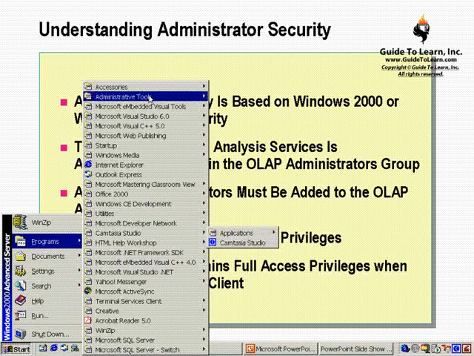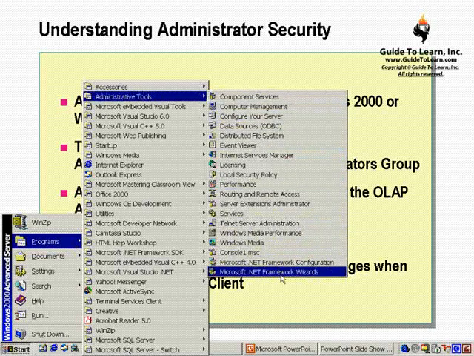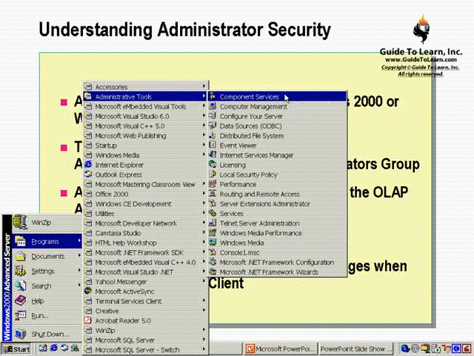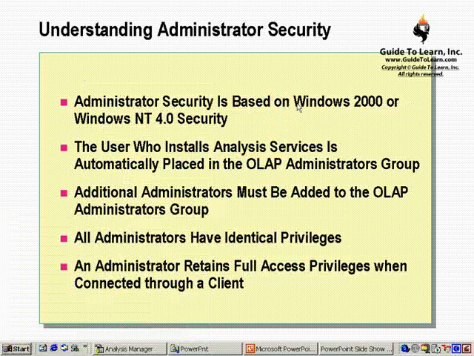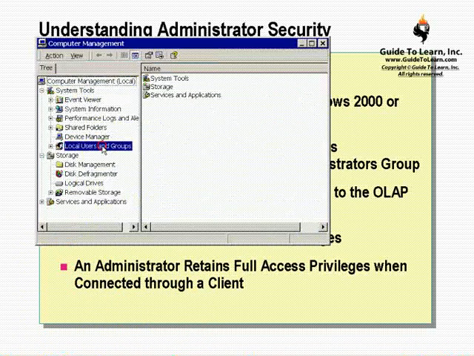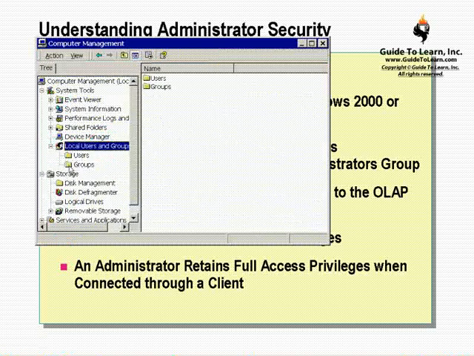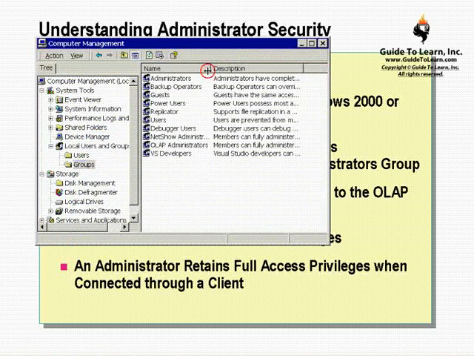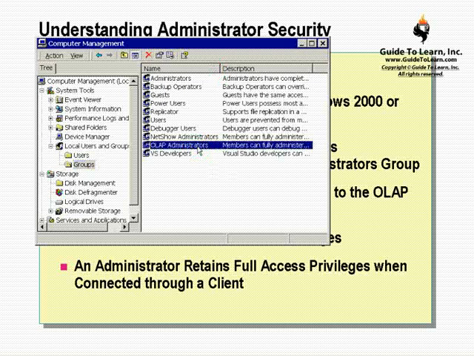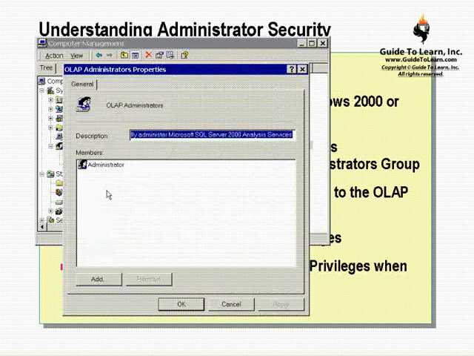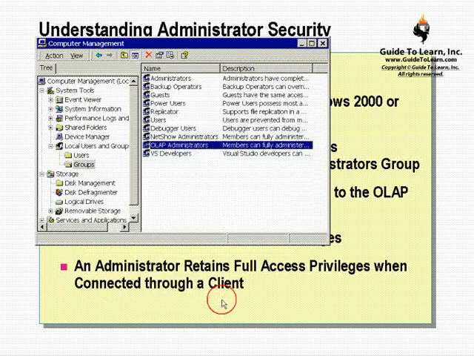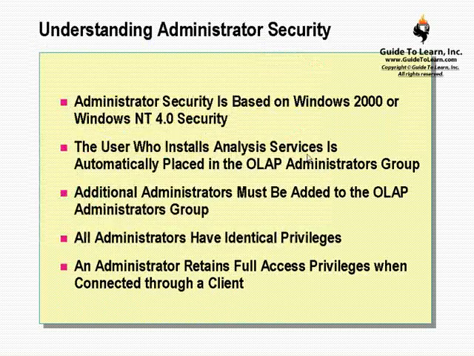As you see on this machine, I don't have an Active Directory, but I do have local security itself. If you have an Active Directory, you have to search for that group under Active Directory Users and Computers. As you see, a particular group got created when you installed analysis services. If I click on it, there's administrator as a member. So whoever has installed OLAP services is automatically placed in that particular group.